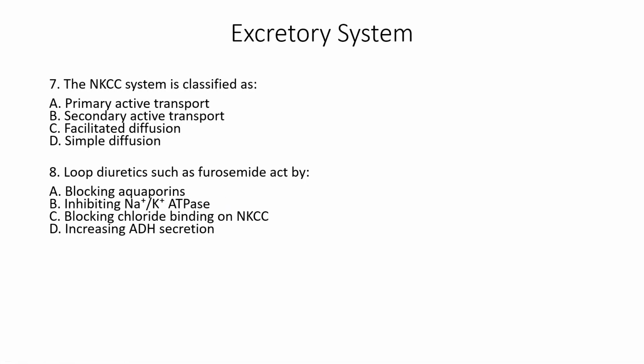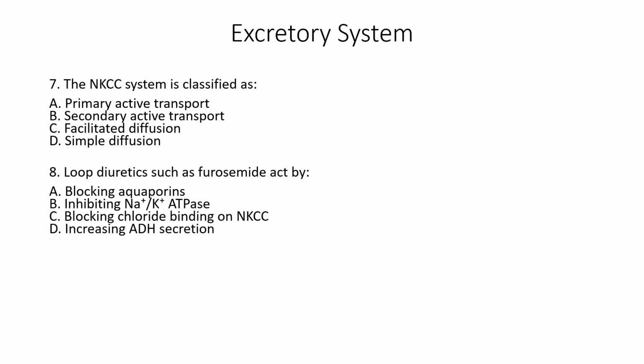the N-K-C-C, sodium, potassium, chloride, all of them need to go through together. So you stop chloride, you stop the transporter from functioning properly, and this increases sodium and water excretion because if chloride is not going through, then sodium, potassium, none of these are going through. So they are not being reabsorbed. So essentially, there's more sodium left over in the filtrate. So more water is left over in this filtrate because where sodium goes, water goes.